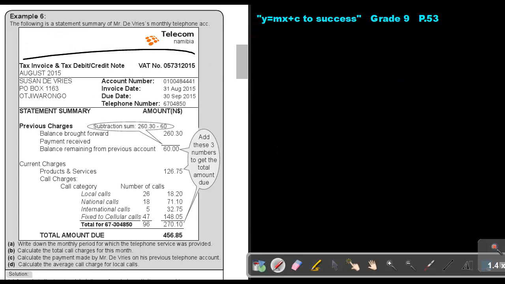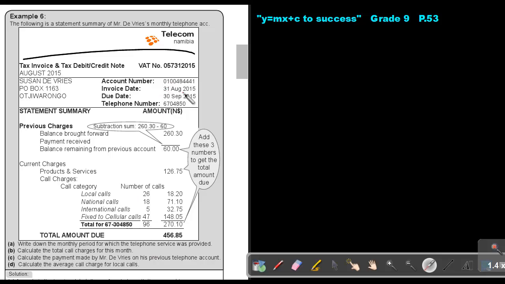Okay, let's look at a telephone bill. The following is a statement summary of Mrs. De Vries' monthly telephone account. It's August 2015. It's Susan De Vries, PO Box 1163, Otjiwarongo. Let's go through all the detail.